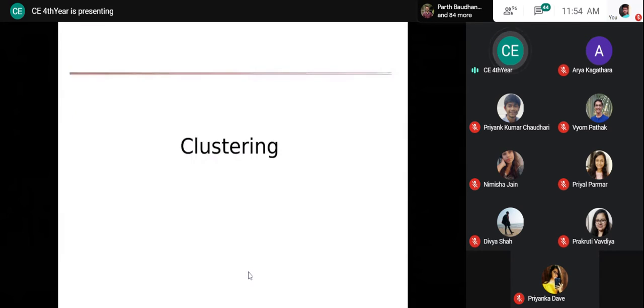The basic fundamental idea of clustering is that we need to group the data that we have. For that example, there are no classes given.